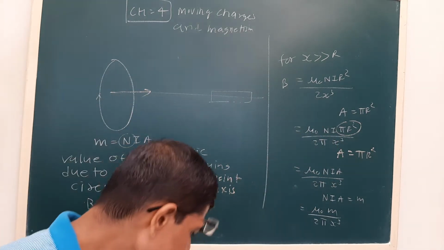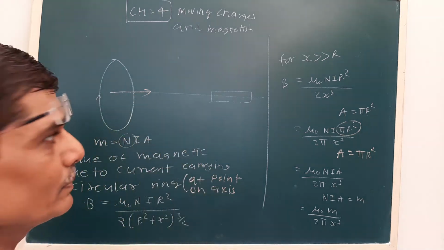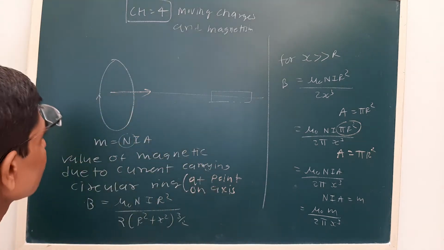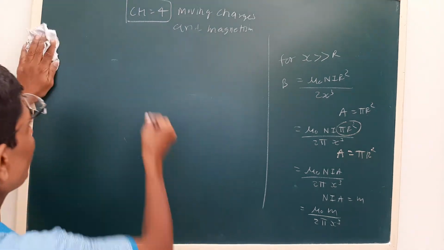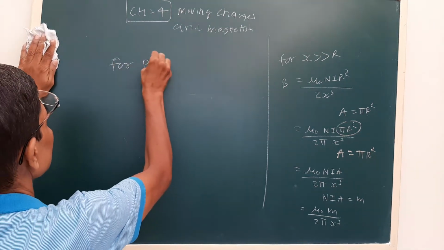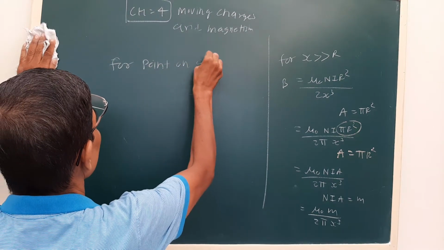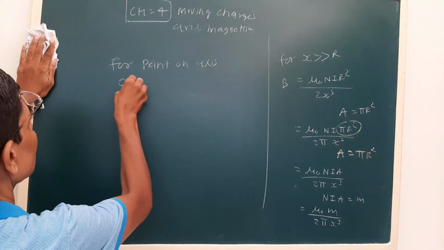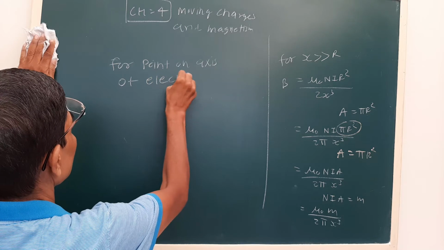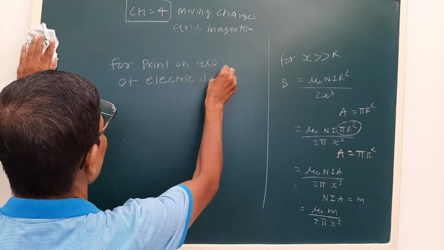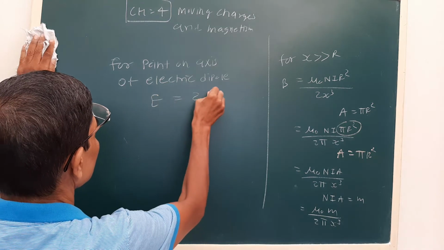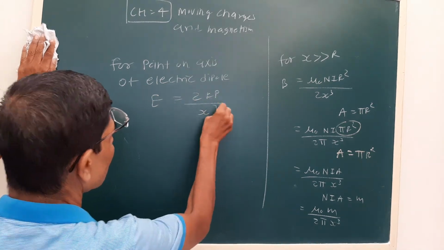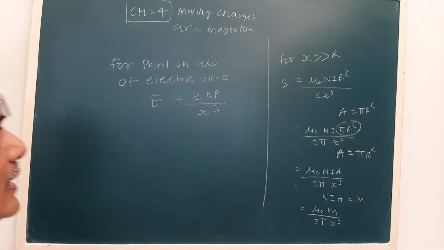Now see, on the axis of electric dipole, for a point, the field is 2 kp upon x cube.